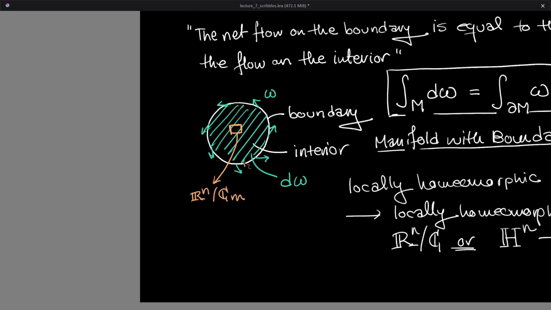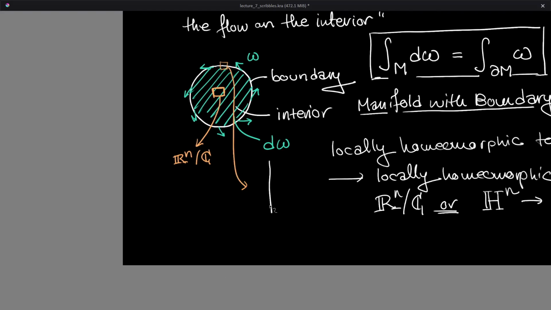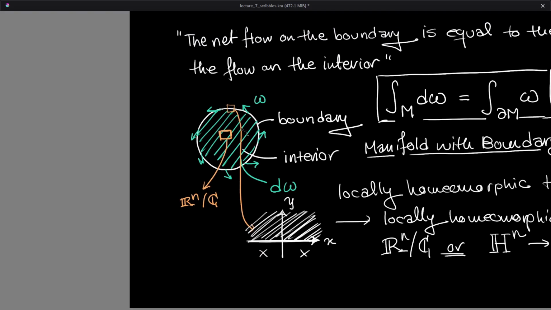But if we take a little patch here, then it will look like this. It will be homeomorphic, I should say, to this kind of space, where only the upper half is part of the space, and this part is not part of the space. That's what this little patch looks like.